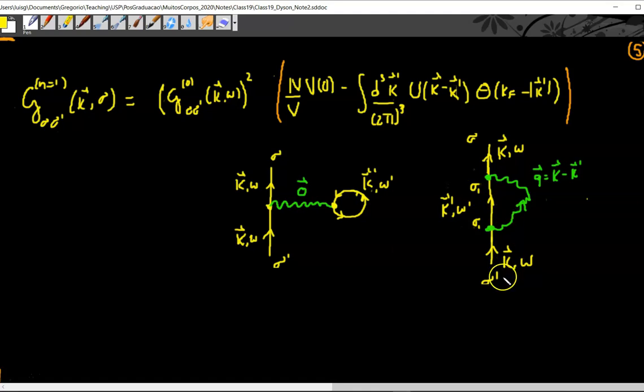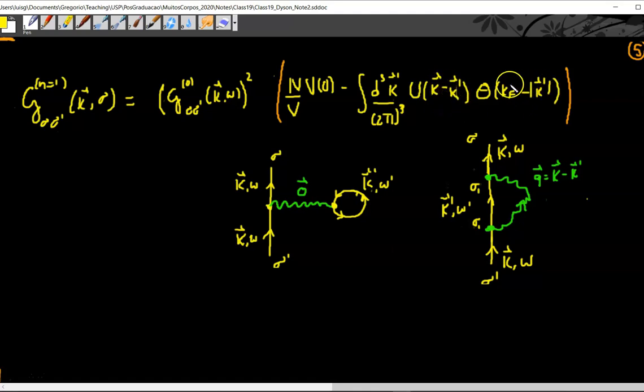Now, the Hartree one gives me a contribution that depends on the zero momentum component of the potential times the density, while this one gives me this integral, which gives me a component in U of k minus k prime.